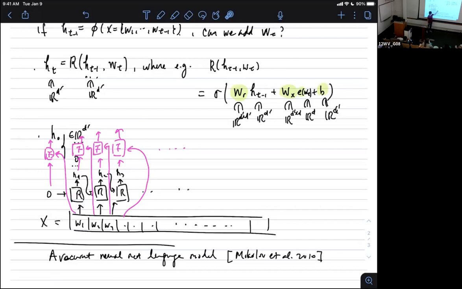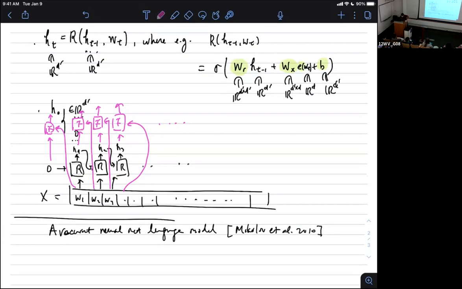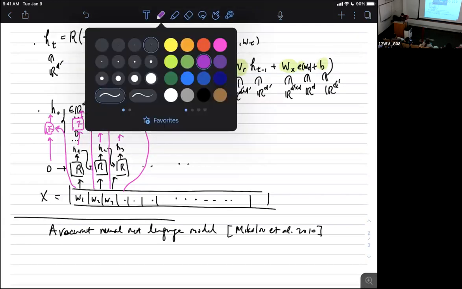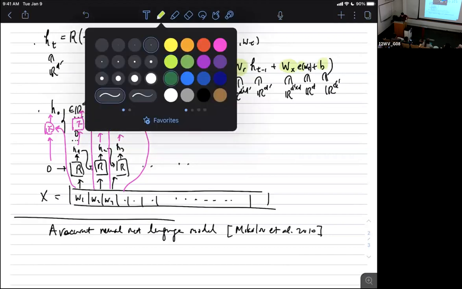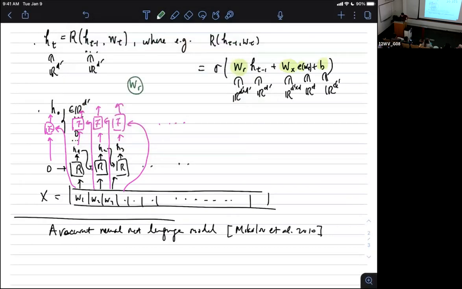Yes, backprop, but let's say the parameters here are WR, WX, then B, and then UY, and then CY. These are all used everywhere, at every layer. This will be used here, and here.